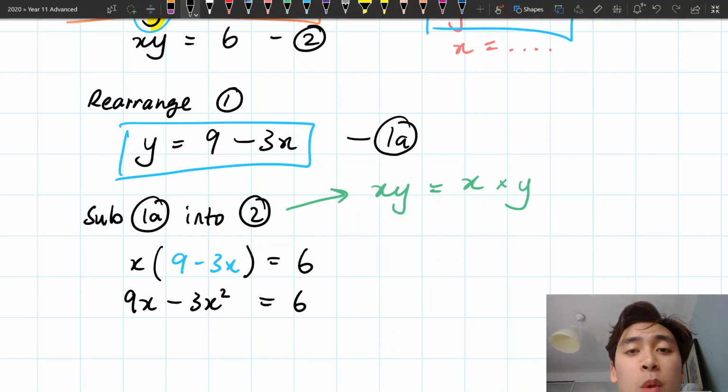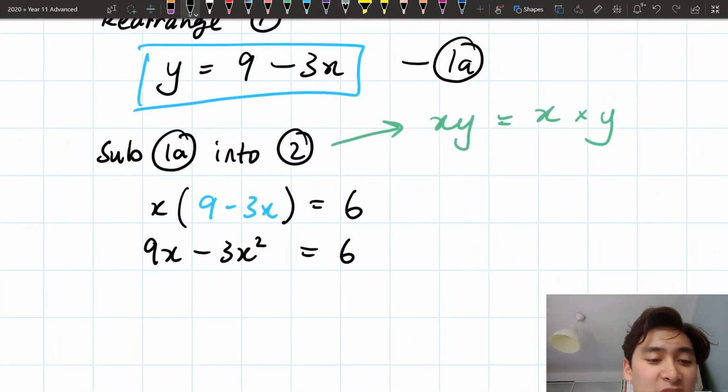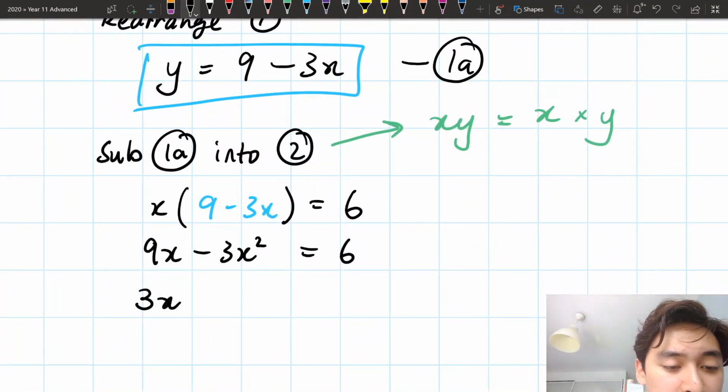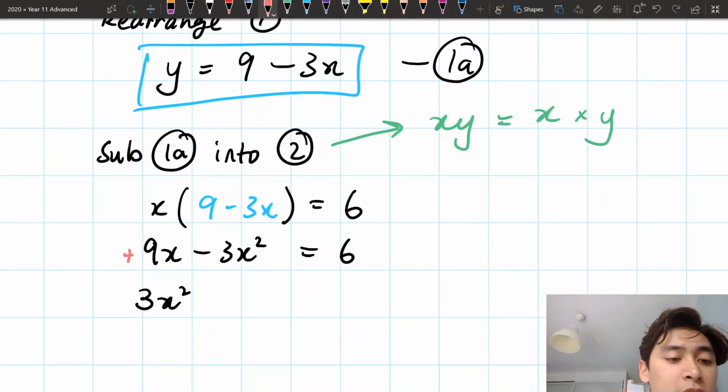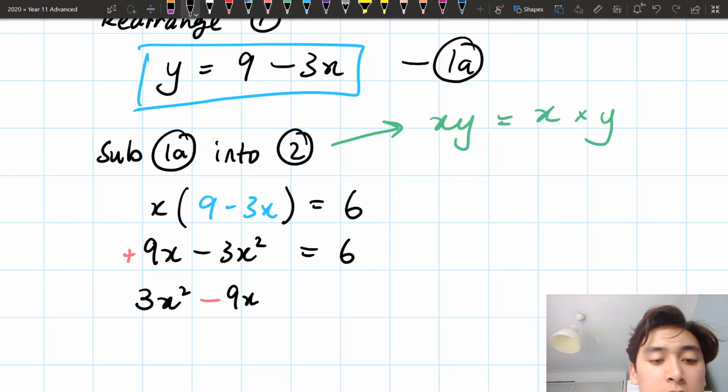When we're solving this, we usually want the x squared term to be positive. So I'm going to move everything from the left-hand side to the right-hand side, but just rewrite it as positive on the left-hand side, because I don't want to bother with that additional step. So I change my 3x squared to a positive, the positive 9x becomes a negative 9x, and because I haven't moved that 6, I just do plus 6.